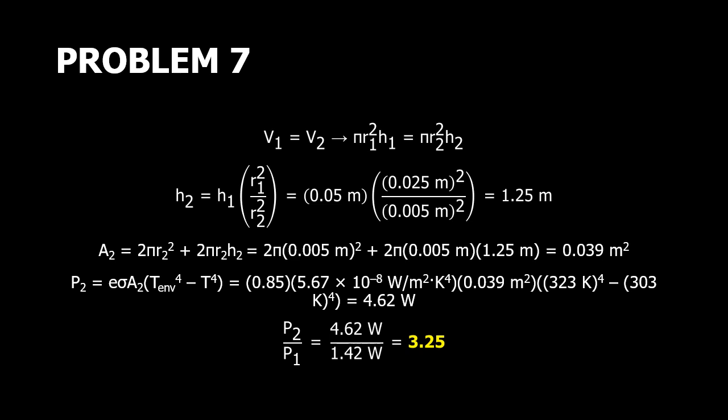For the ratio, that is equal to P2 over P1. So 4.62 watts over 1.42 watts equals 3.25. That is the ratio of the cylinder's rate of radiation, P2 to P1.